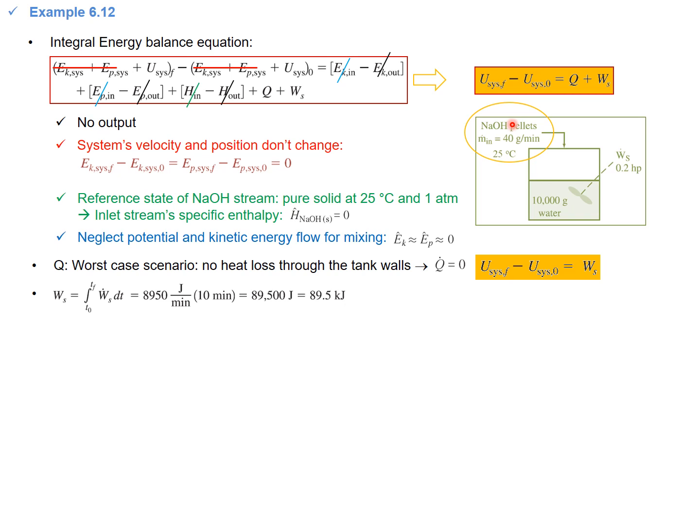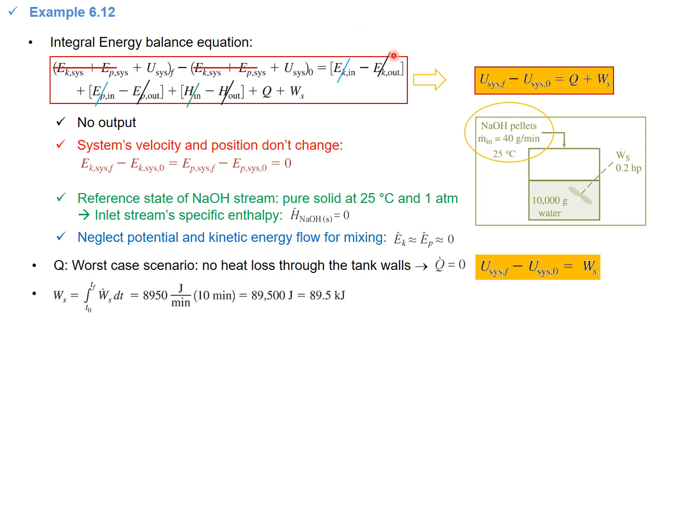Solid sodium hydroxide at 25 Celsius degrees, of course, and maybe 1 atmospheric pressure. That is the reference state. So the enthalpy term here is going to 0. Then one more thing, neglect potential and kinetic energy flow for mixing. So you could kill this one and this one.